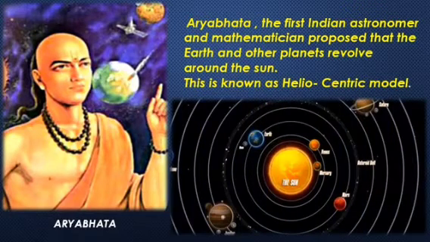Observe this picture of heliocentric model. Here you can see the sun is at the center and it does not have any movement. All the 8 planets are revolving around the sun on their own definite path. This is the heliocentric model of Aryabhatta.